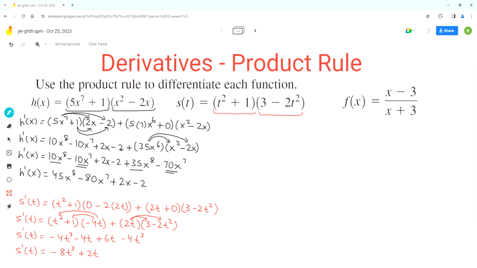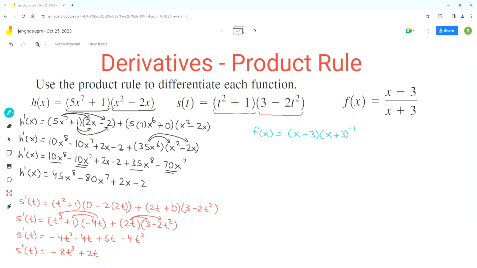So the first step is f at x equals x minus 3 times x plus 3 exponent negative 1. So we have to change the exponent on the denominator to negative 1.